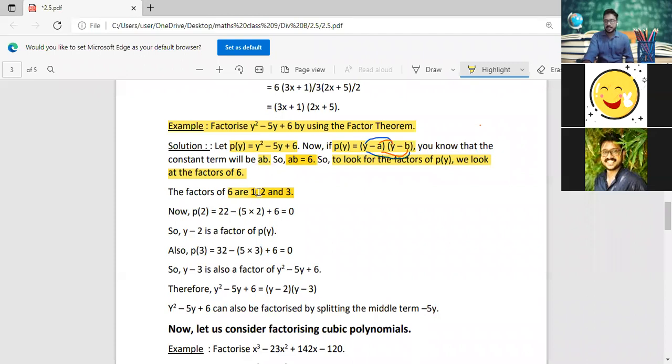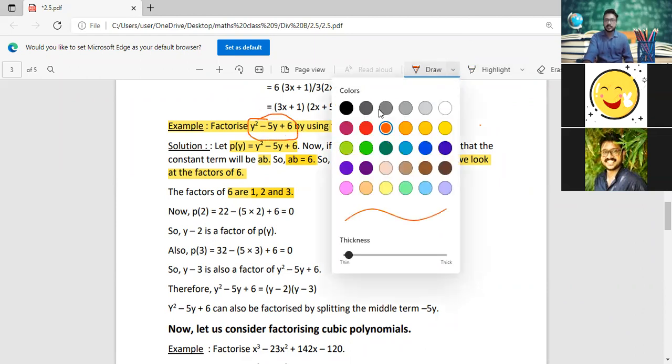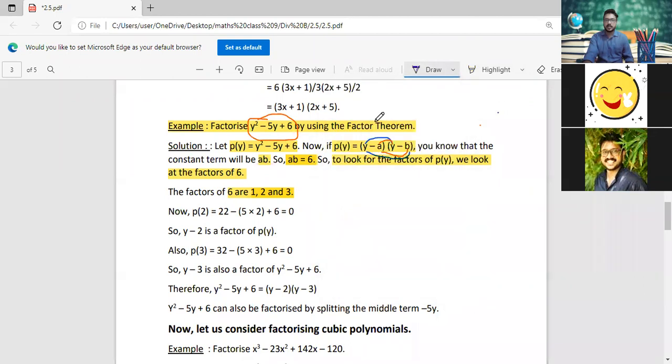When you check the number 1, we can see that it is not 0. If I put 1 instead of y, what will be the answer? 1 minus 5 plus 6, so 6 plus 1 is 7, 7 minus 5, 2 will be the answer. P of 1 is equal to 2, which is not equal to 0.